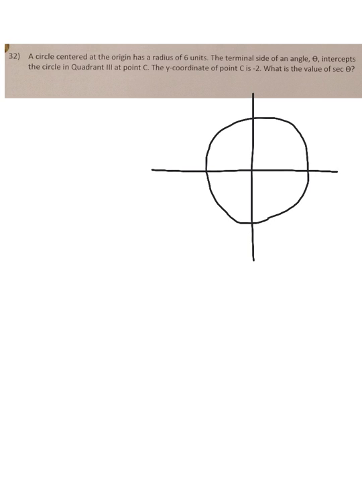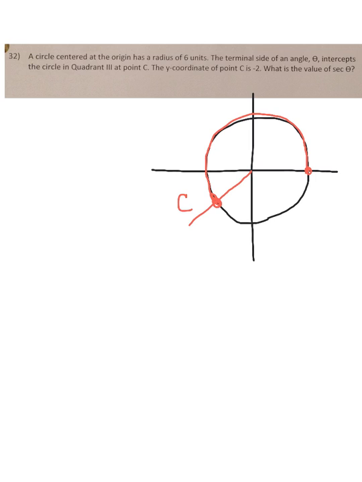It has a radius of 6, and the terminal side is in quadrant 3, and it terminates at a point C. So I'm going to start right here, come around into the third quadrant. There's my terminal side, and there's my point C.